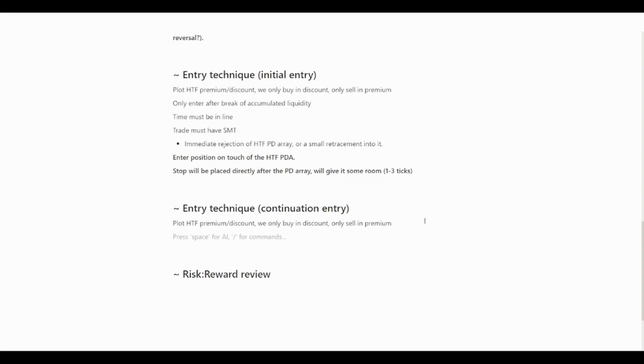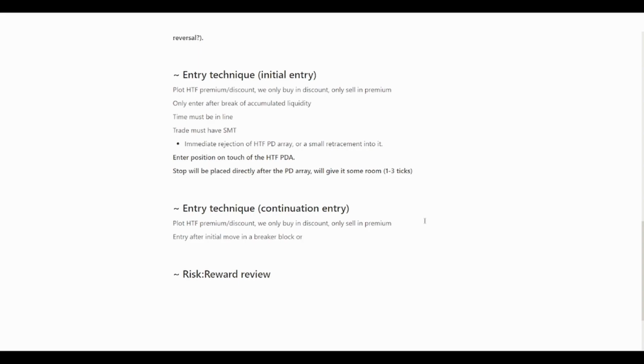So if that's the case, entry after the initial move in a breaker block. I could combine the breaker block itself with a fair value gap to give us the unicorn model, but I'm just going to be using the breaker block for the entry.